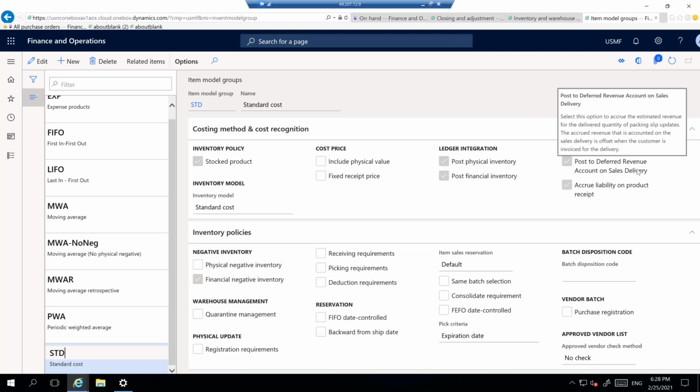Then during purchases, it will post to the deferred revenue account, because through purchases it is like 550 rupees. Through manufacturing, I'm getting it at the rate of 480 rupees. Through manufacturing I'm getting 480, but through purchases I'm getting 550. Then cost price is getting varied.